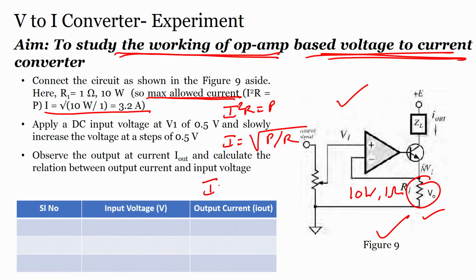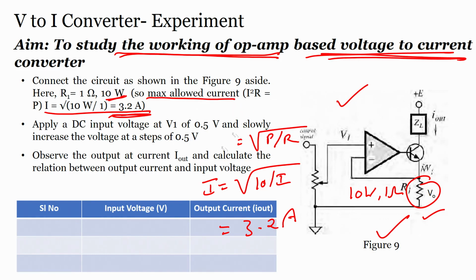Power is 10 watt, resistance is 1 ohm, so 10 by 1. If you do this simple mathematics, you will understand I would be 3.2 ampere, which is the current, alright. So, this we know.